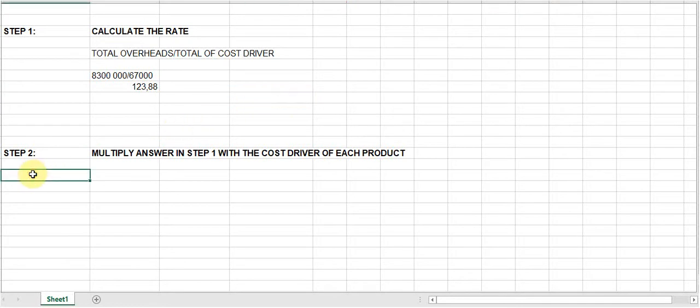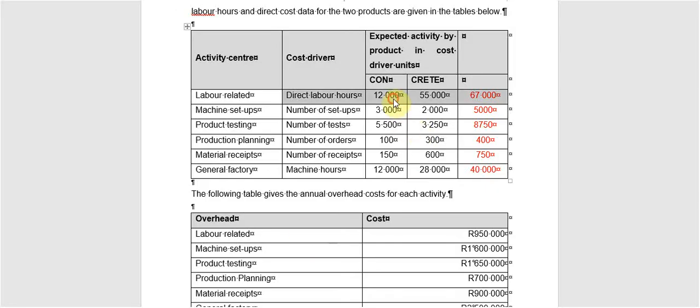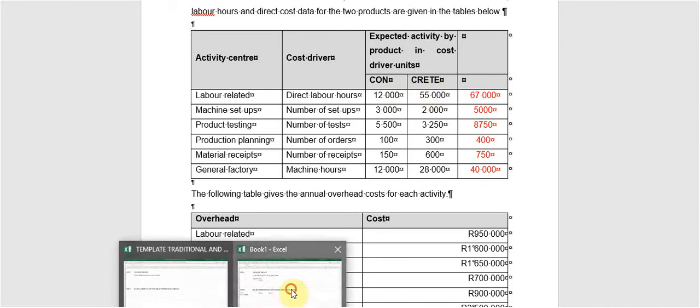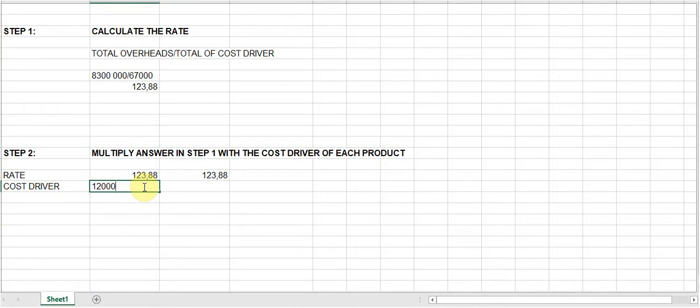In the second step, I need to take the rate that I've calculated, which is 123,88, and I need to times it by the cost driver of each of the products. So I need to go and see what was the cost driver for Con. The direct labor hours was 12,000 and 55,000 respectively. So I'm typing it in, 12,000 and 55,000, and now I just need to multiply to get to the total.